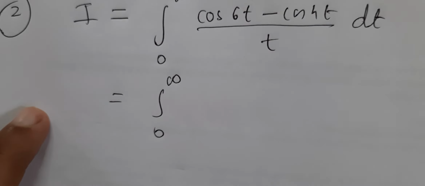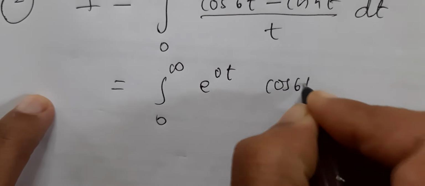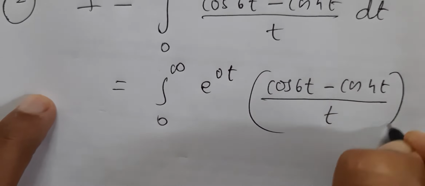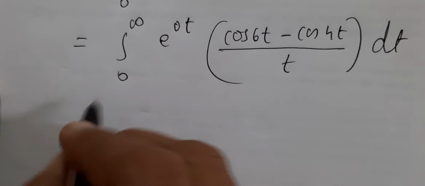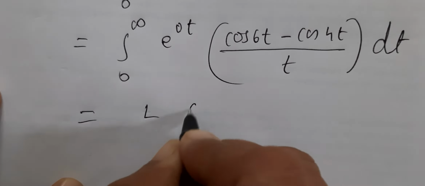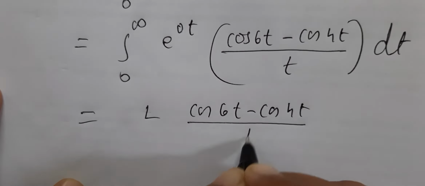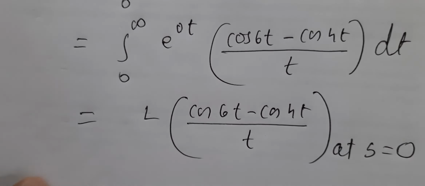We can write this as e raised to 0t times cos 6t minus cos 4t upon t. And now I think you can understand very well. This is nothing but Laplace of cos 6t minus cos 4t upon t at s equal to 0.